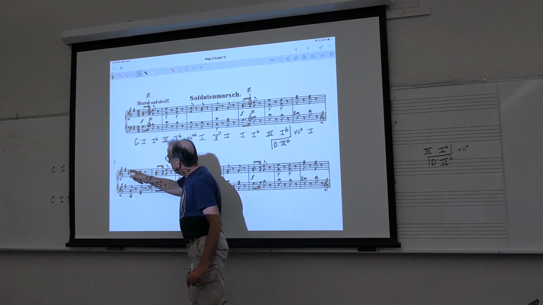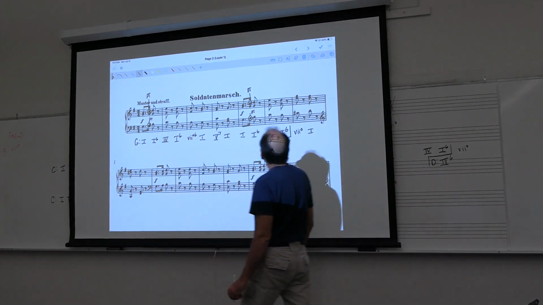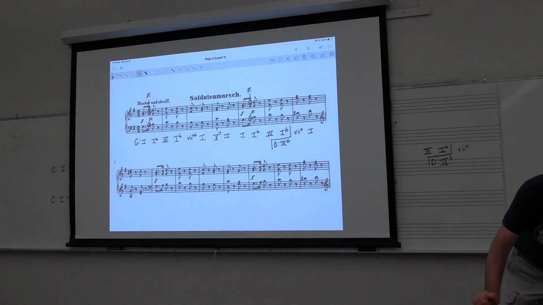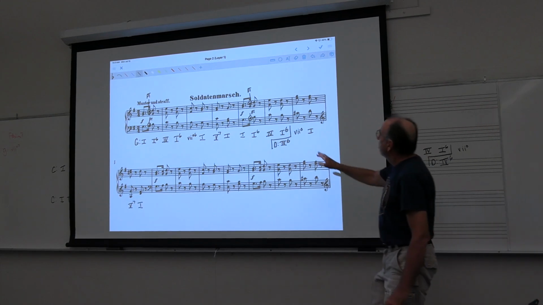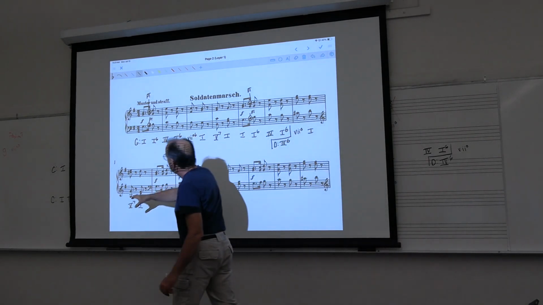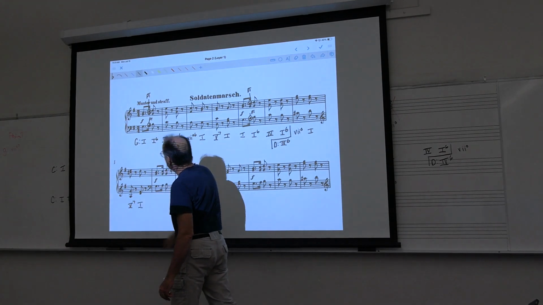A, C sharp, E, G. Maybe the treble clef. But yeah, 5, 7 in D major, right? This is all in D major. So 7 D major, 1 D major, 5, 7, and then 1 D major.